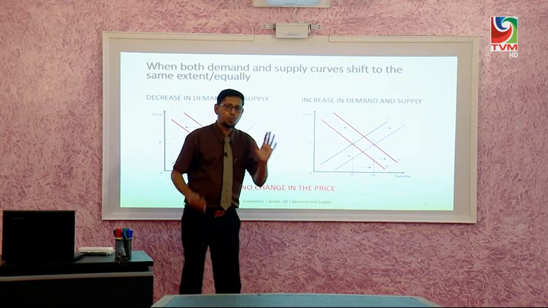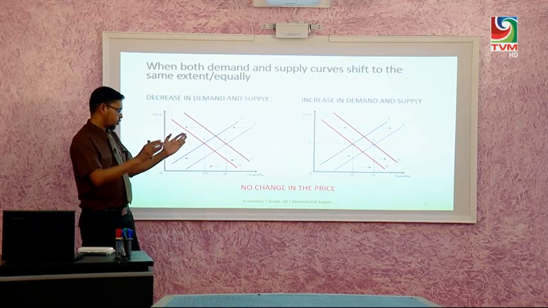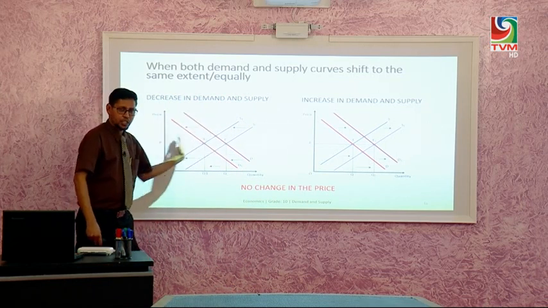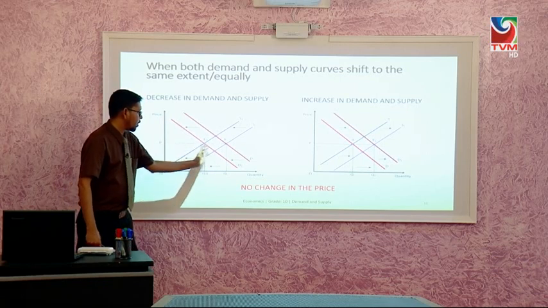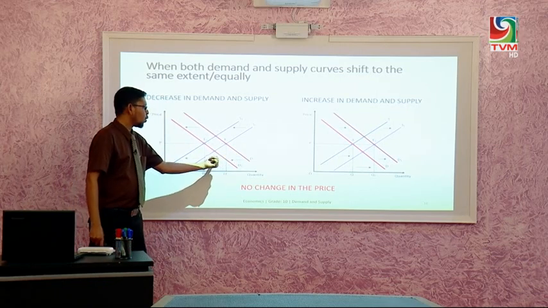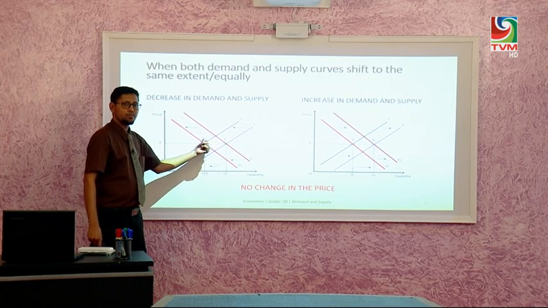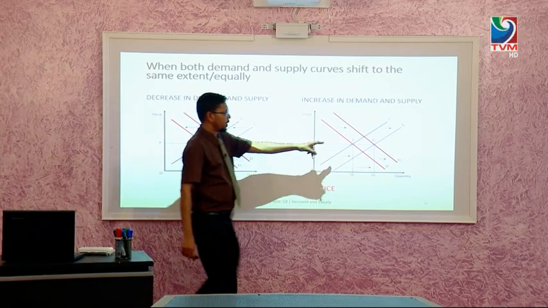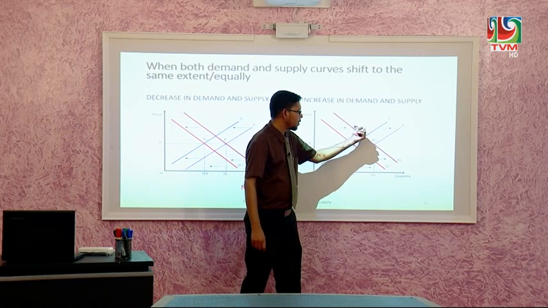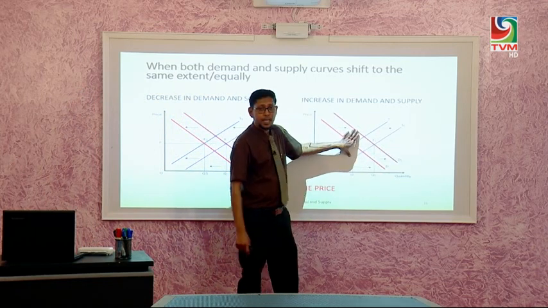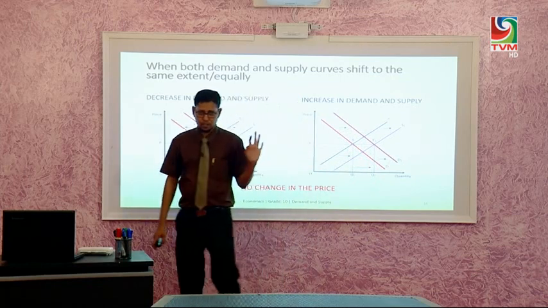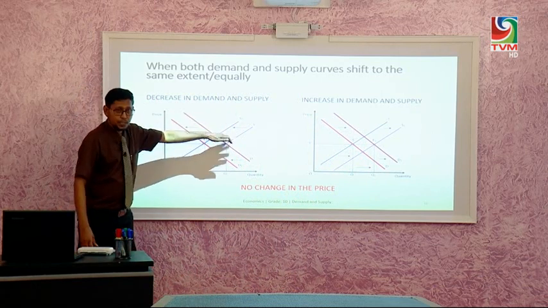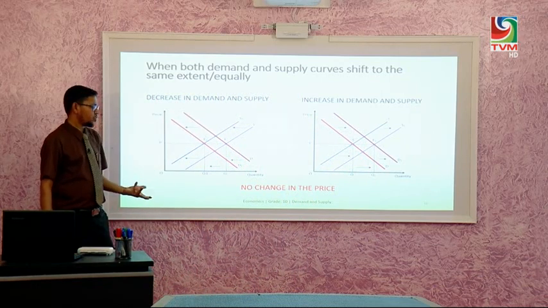When both curves shift to the same extent, in the same direction, we are seeing the demand decreasing and supply also decreasing, which means there will be no change in the price. Here we are seeing the demand increasing and supply also increasing to the same extent, no change in the price. But if there is a demand increase and supply decrease, then the situation will change.